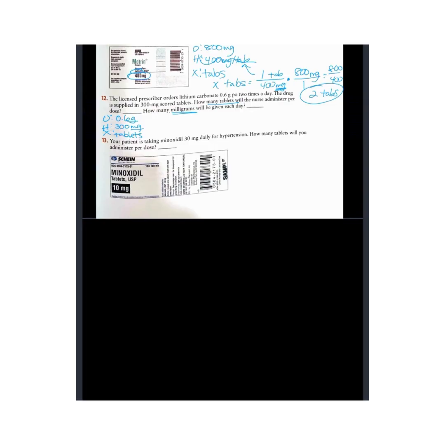So let's just solve for tablets first. X tabs, set up what we have on hand. 1 tab equals 300 milligrams. Now we're so used to just putting, we still want to put milligrams here, okay? Because we want to cross cancel.